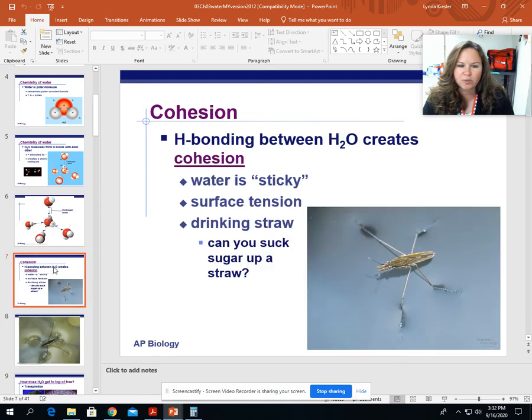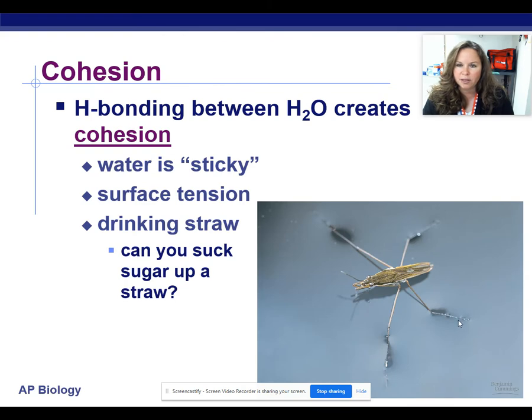All right, so one of the properties, because of these hydrogen bonds in water, is cohesion. And cohesion, think of the prefix co, meaning together. The water molecules want to stick together. So if something is light enough, it can actually sit on top of those water molecules.